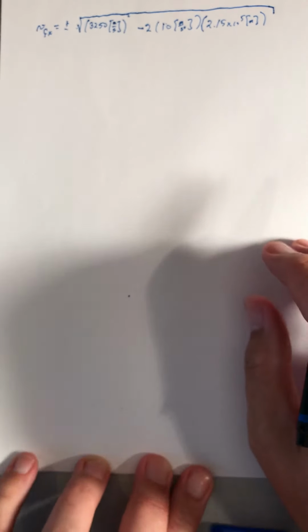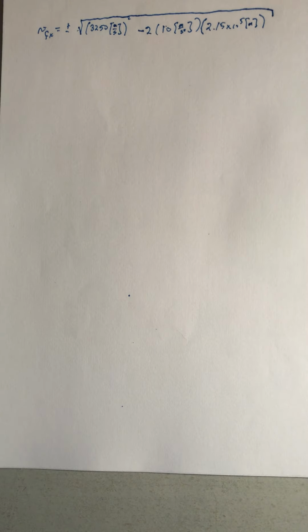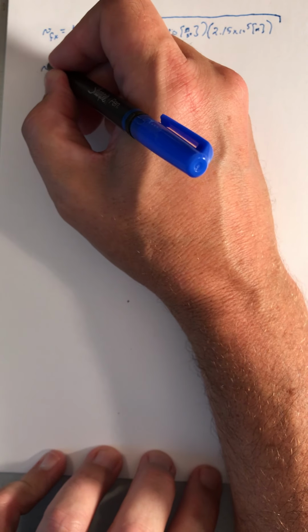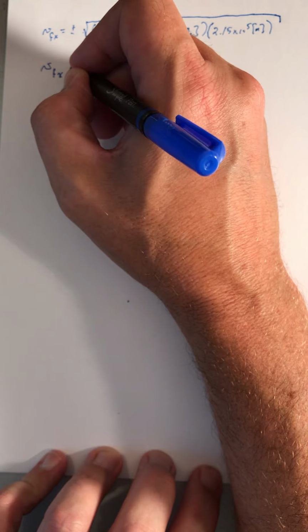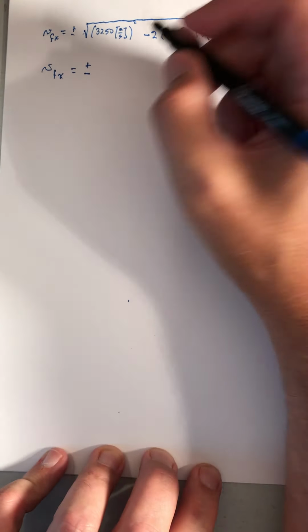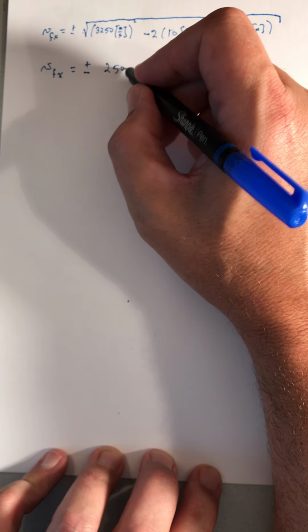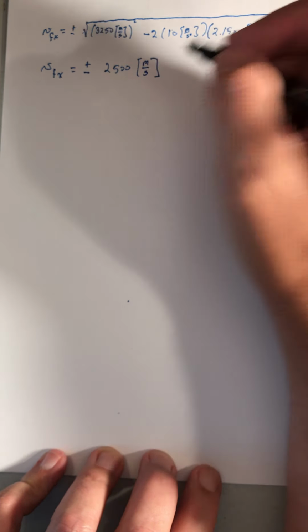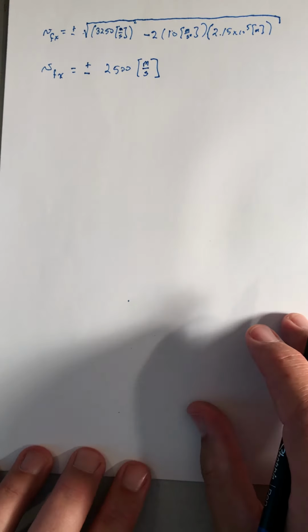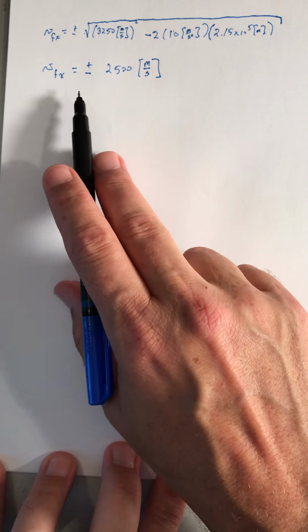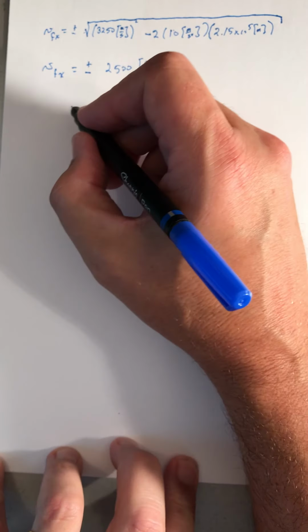All right. You calculate that out, you get v final x is plus or minus 2,500 meters per second. Now, I'm going to talk about what those two possible roots mean.